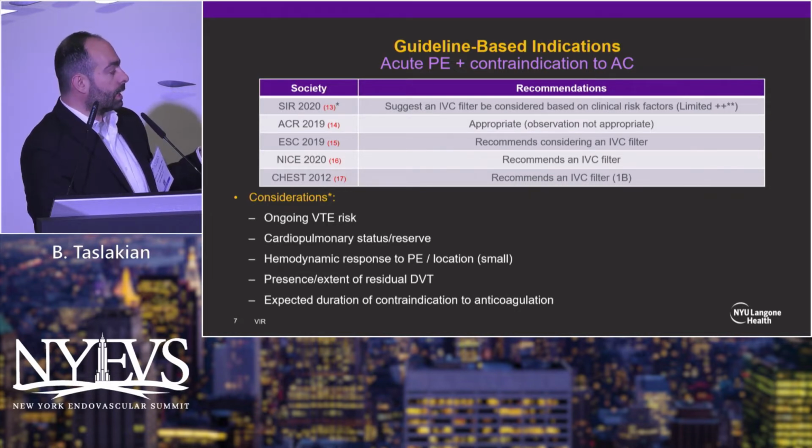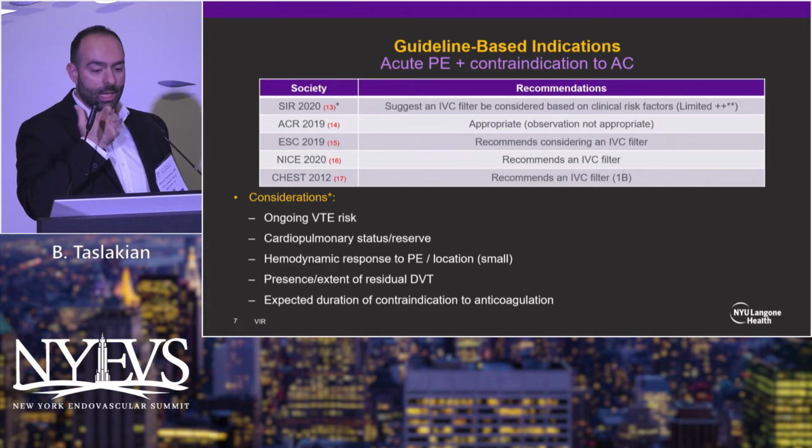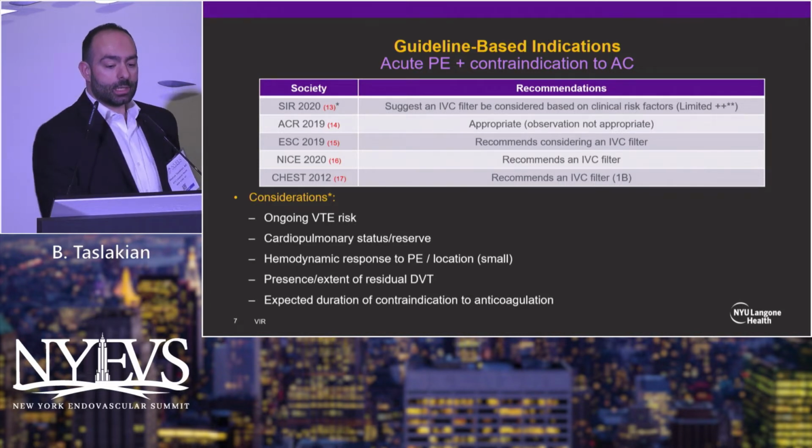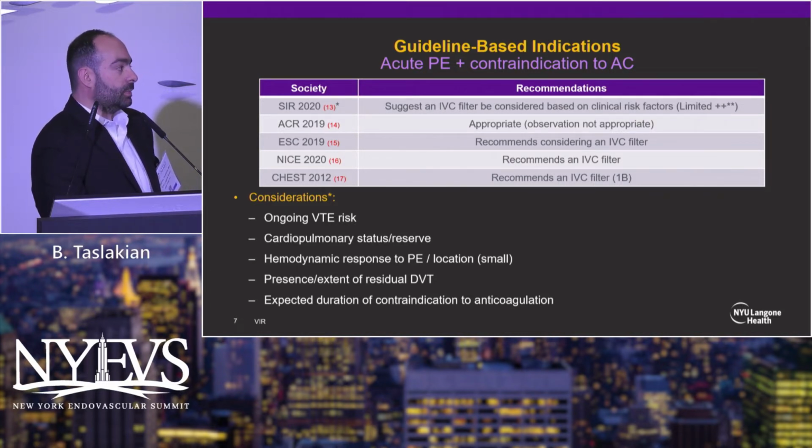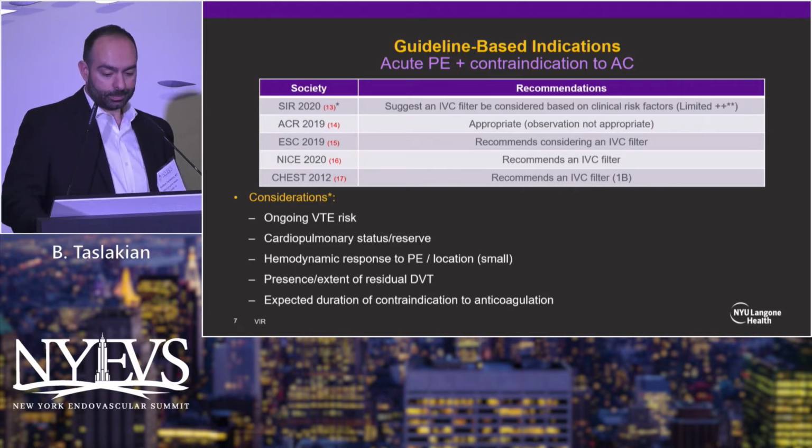So for example, if you have a patient with subsegmental distal PE and you get a request for filter placement, what do you do? These are difficult cases. The guidelines are in general suggesting or recommending filter placement, but in real life, is it the right thing to do to the patient?